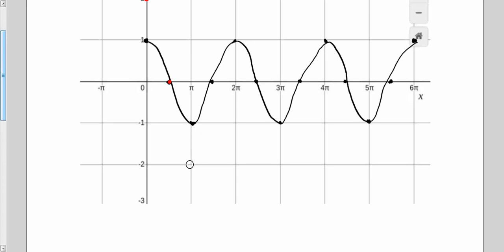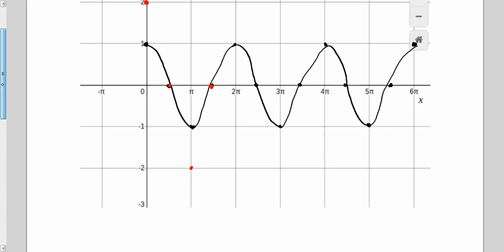So my red graph is going to be 2 times negative 1, which would be negative 2, and I'll put my dot down there. And then at 3 pi over 2, my black graph is 0. Well, 2 times 0 is still 0, so I'm going to have a dot right there.